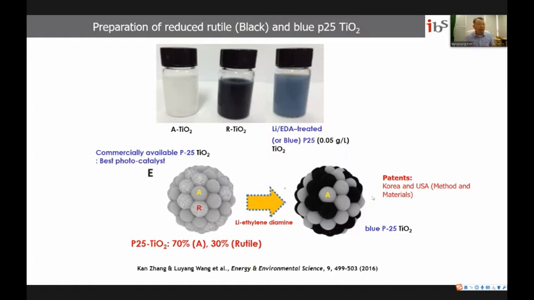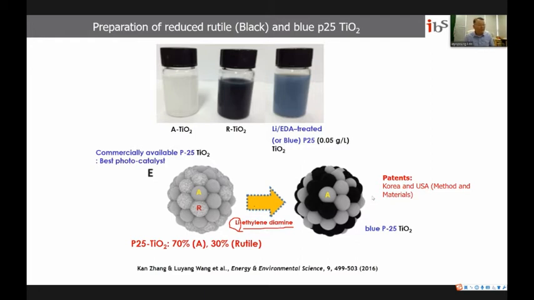Okay, so this is our result. We treated TiO2 in solution with lithium in ethylenediamine. Ethylenediamine is a liquid solvent at room temperature, so instead of ammonia, we are using ethylenediamine.